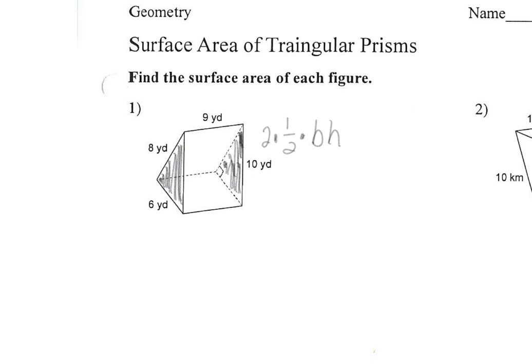Then you're going to go all the way around your triangle. These are the sides of your triangle. So for this one, it looks like it's 6, 8, and 10. And you're going to multiply by the distance between the two triangles. So 9, 9, 9.